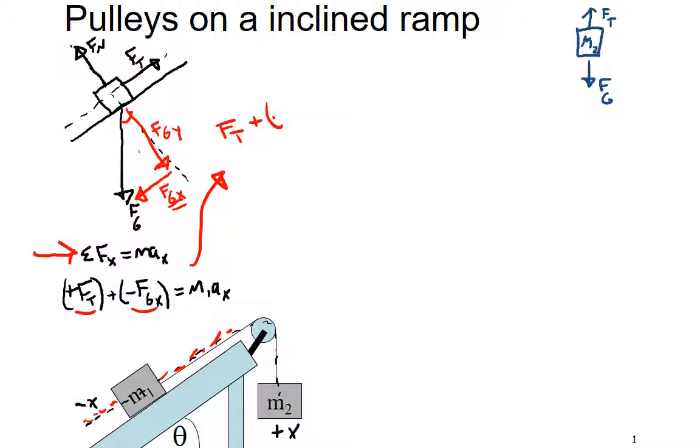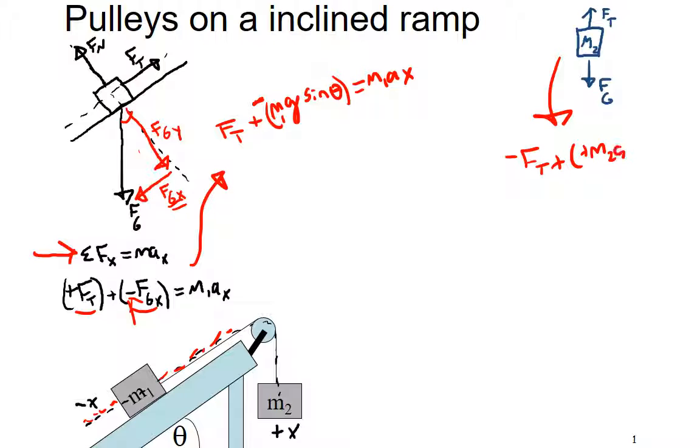So we're going to have m1g times the sine of theta, right? And that should be a negative in front of this, because the negative acting against us, equals m1 a in the x. Okay. Now over here we have the negative force of tension plus positive m2g equals m2 a in the x.